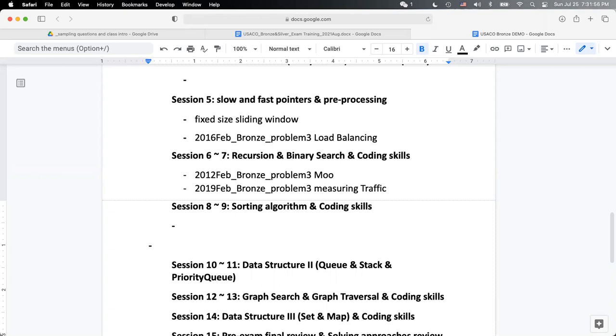You need to know how to sort in a given data structure, or how to sort your customized objects, for example. So let me type in here. This is, I would say, mostly just coding skill. You need to understand how to do it.